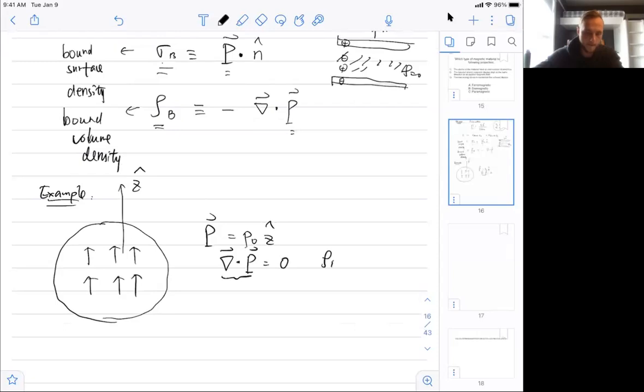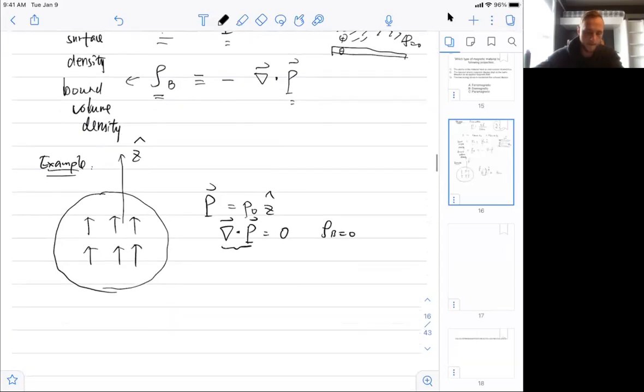So rho bound is 0. But it will have sigma bound. Sigma bound is P dot n hat, and we calculated it ends up to be P naught cosine theta, because n hat is r hat. So this is r hat, this is theta. The dot product gives you a cosine theta.